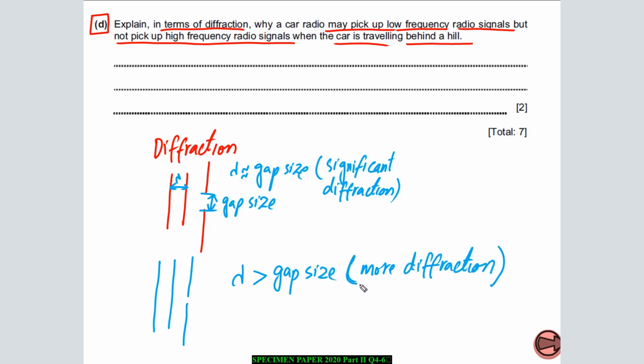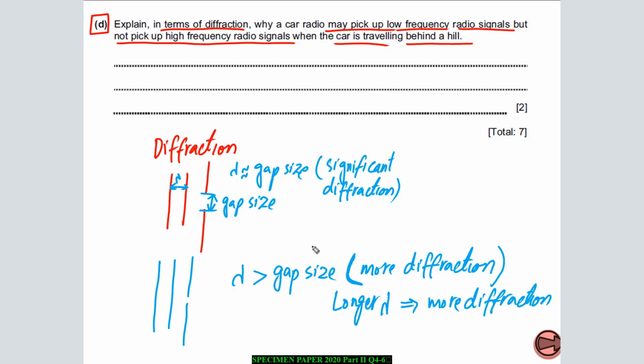As we understand, the size of the hill is very big, so if the wavelength is longer, there will be more diffraction and it will be easy to receive signals.